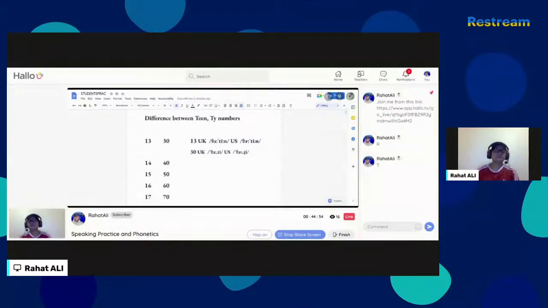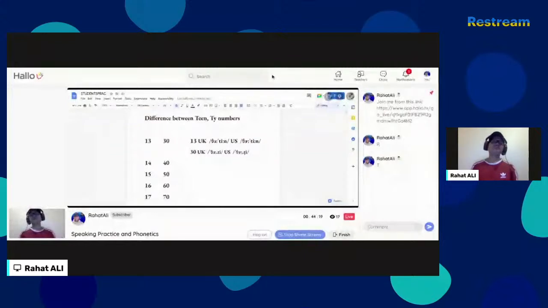American English, fourteen. By the way, guys, this technique is called the imitation technique. With the imitation technique, you can develop your English in a very good way, no doubt, provided that you have a good tutor or teacher or instructor who can show you and guide you.